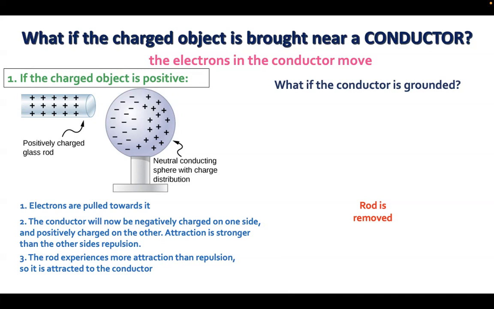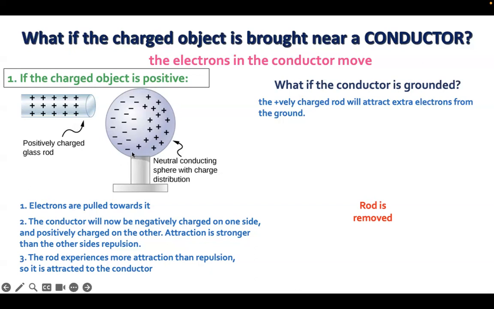Negative to positive. Negative to positive? Do you mean electrons will move from the earth all the way through the earth wire and to the sphere? Yes. Do you see this positively charged rod? If I open the way for it, it wants more negative charges. Where can it attract more negative charges from? From Earth.